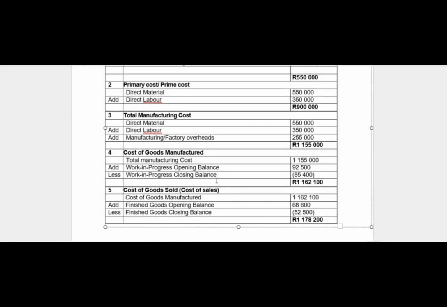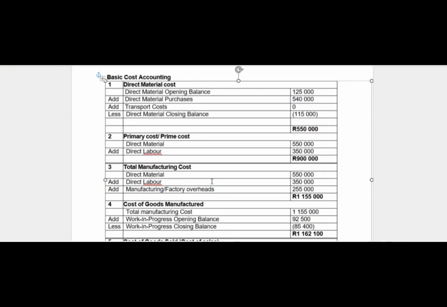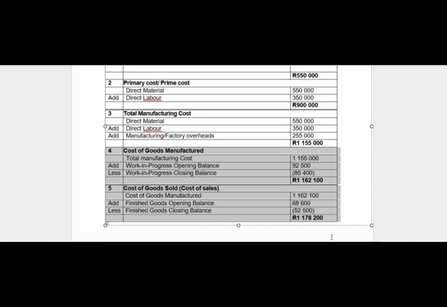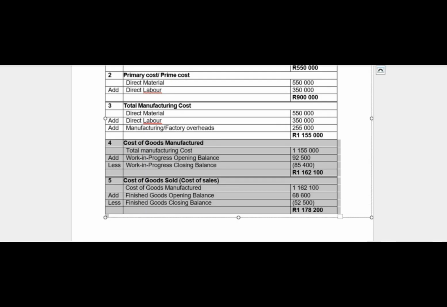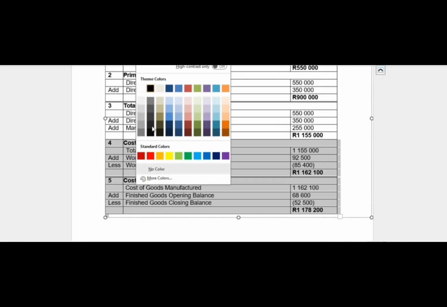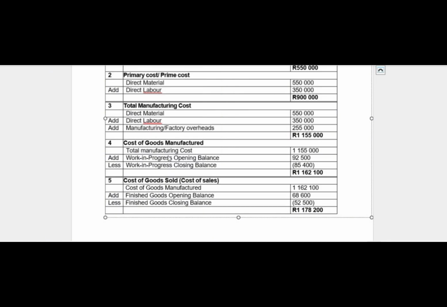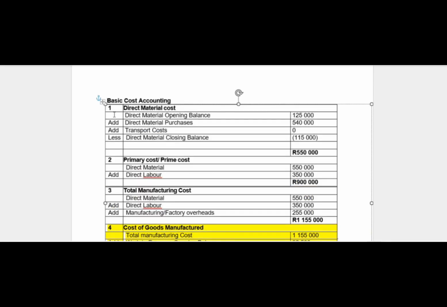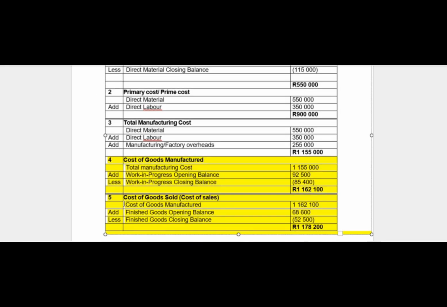And this is what we were required to calculate, right? But these two, number 4 and number 5, we needed number 1, number 2, and number 3 for us to calculate number 4 and number 5.